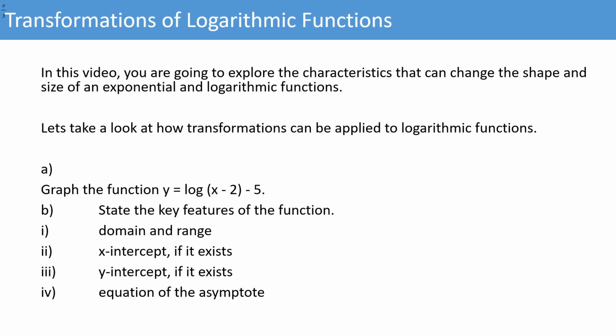Let's start by graphing the function y equals log(x - 2) - 5. We want to state the key features of the function: the domain and range, the x-intercept if it exists, the y-intercept if it exists, and the equation of the asymptote.